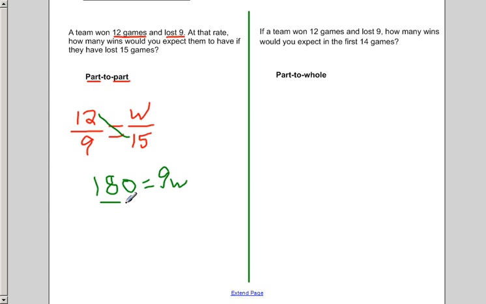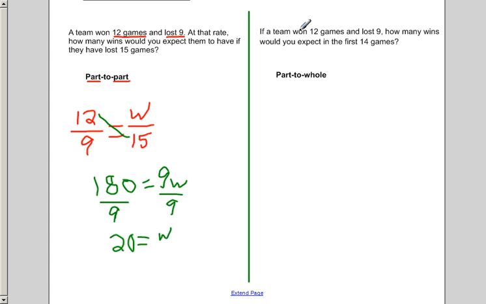And now from here, it's dividing because we want to find out what 1W is. So divide by 9, we find that the number of wins is 180 divided by 9, or 20. So you would expect them to have 20 wins if they've lost 15 games using that rate, that ratio.